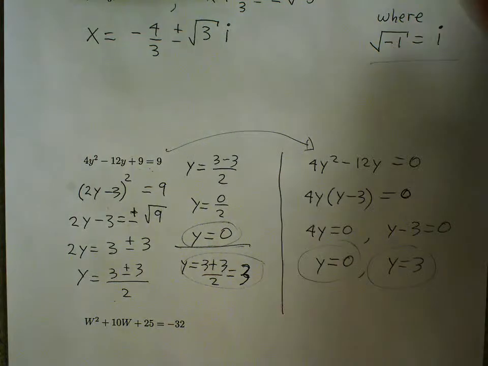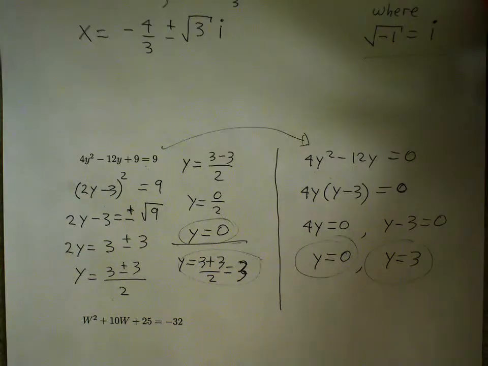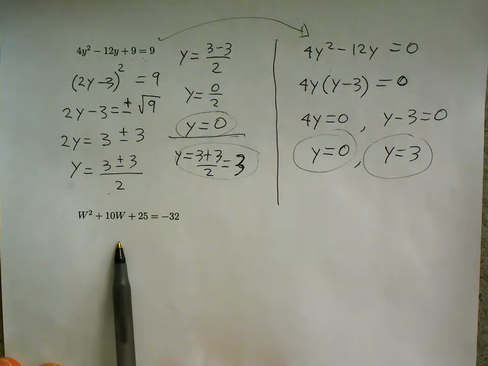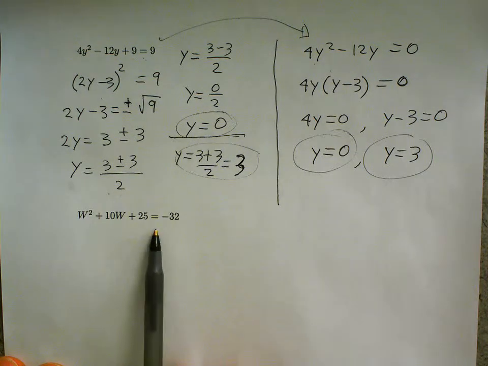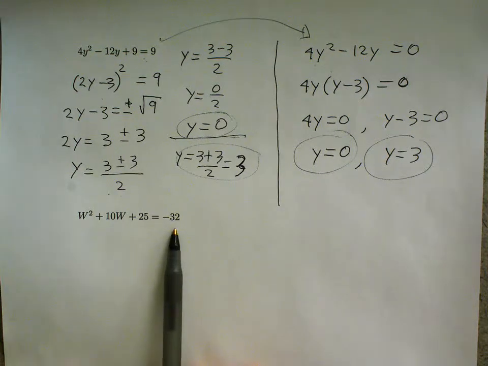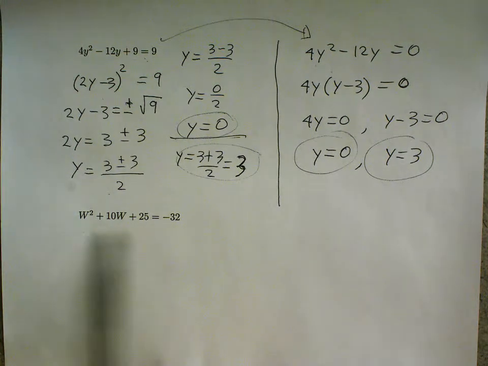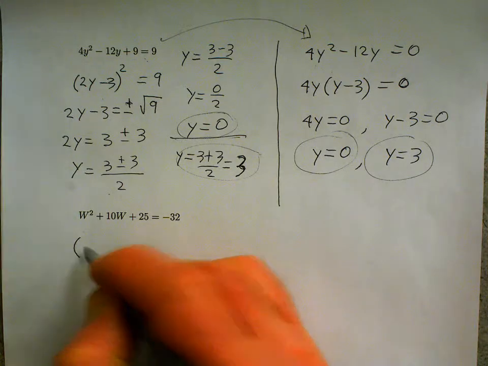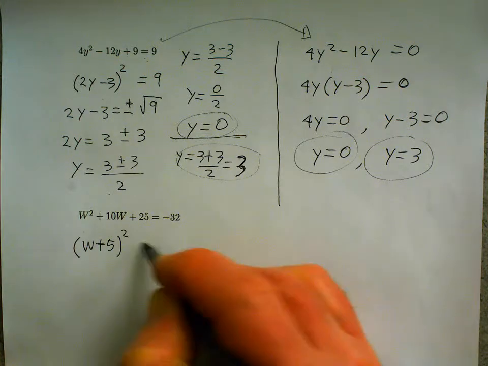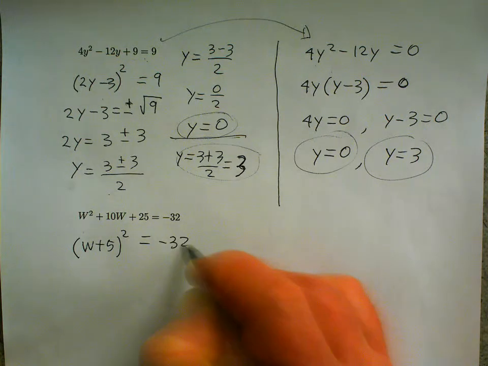In the next example, w squared plus 10w plus 25 equals negative 32. The left-hand side is a perfect square trinomial, so write it in factored form. w plus 5 squared equals negative 32.